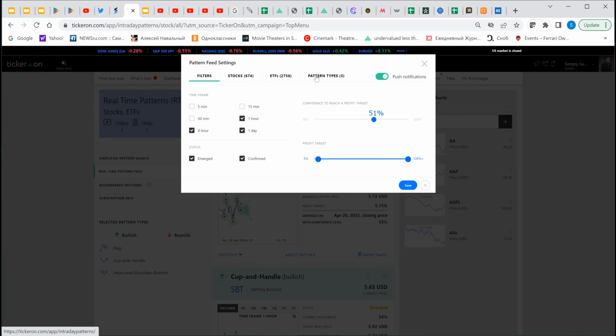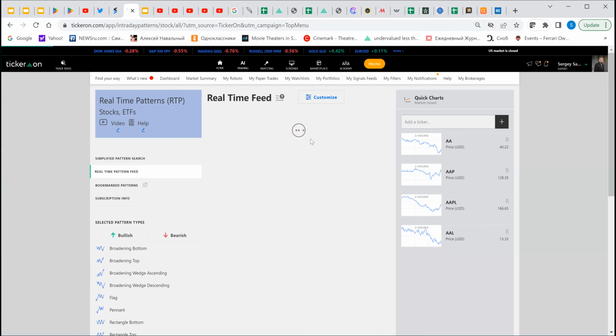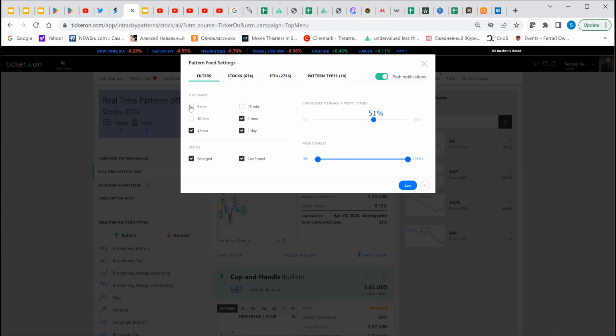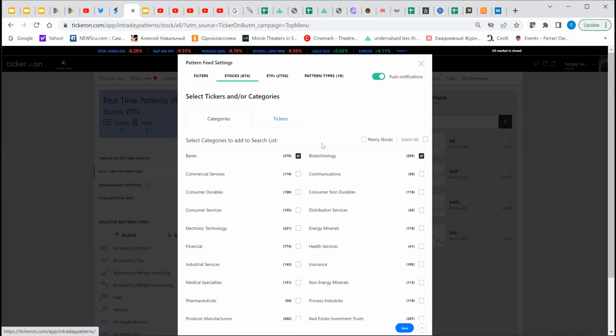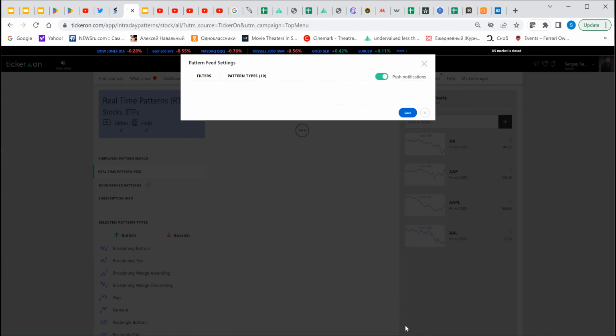I'm going to select all, save. So what is going to be happening? I'm going to look for the time frames, like a candle of 5 minutes, 15 minutes, 30 minutes, and so on. And it's going to be generating those pattern recognitions for, let's say, all stocks. And that way, we're going to have a save.